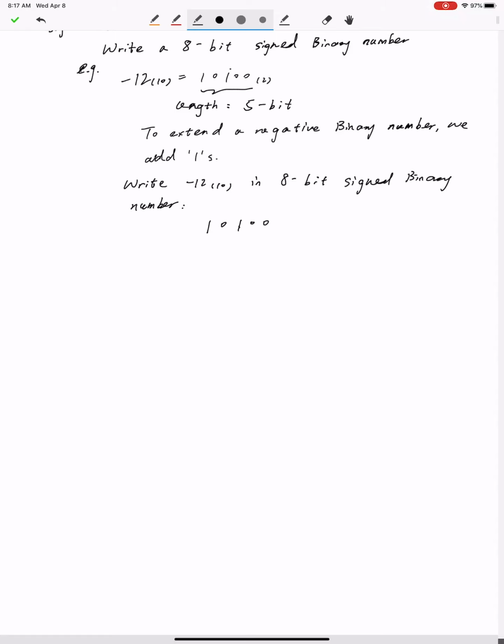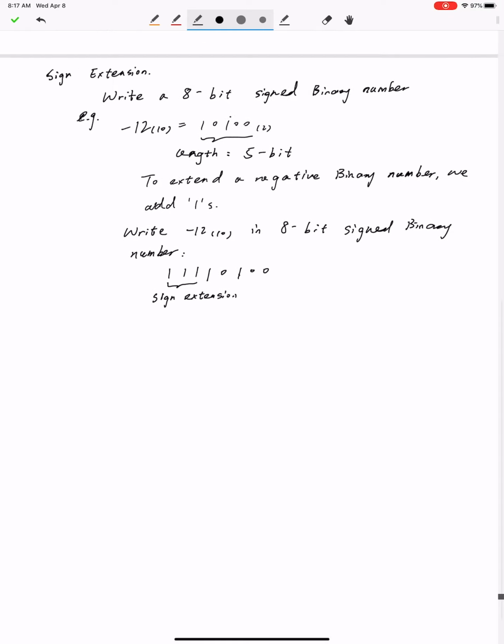The difference between 8-bit and 5-bit is 3 bits, so we just need to add 3 ones in front of the original binary representation. The result is the 8-bit signed binary number, and the first ones are due to sign extension.